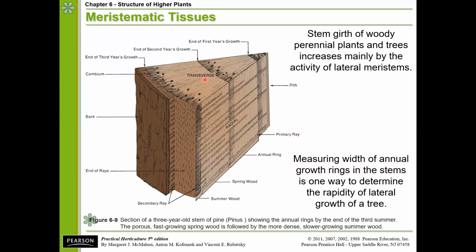So in this case, looking at a pine, new xylem and phloem is being produced each year. And wood itself is really just dead xylem and phloem. Really the living part of it is just right there in the cambium itself, what is producing the new xylem and phloem, as well as the bark and cork on the outside.